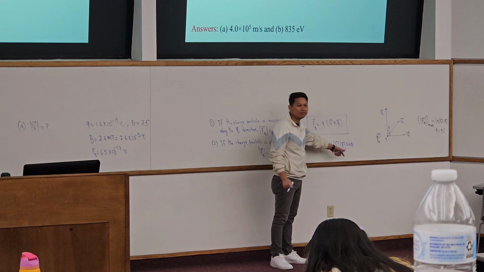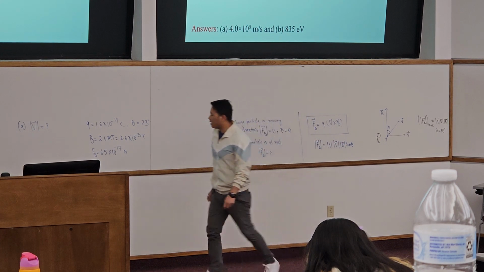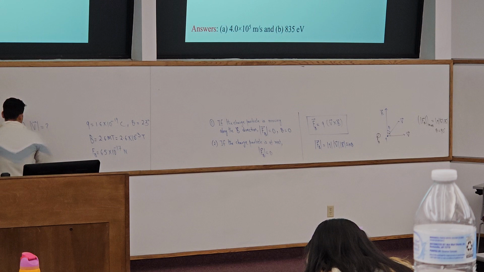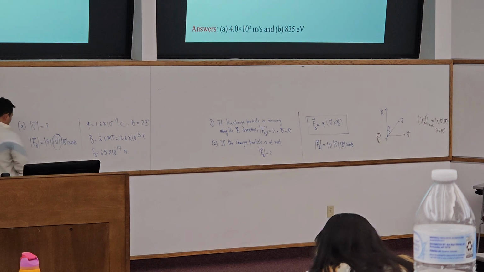Can you calculate v? Yeah, it's a very simple calculation. I just write down this formula: FB equals Q v B sine theta. Everything is given, so you can just calculate what is unknown.